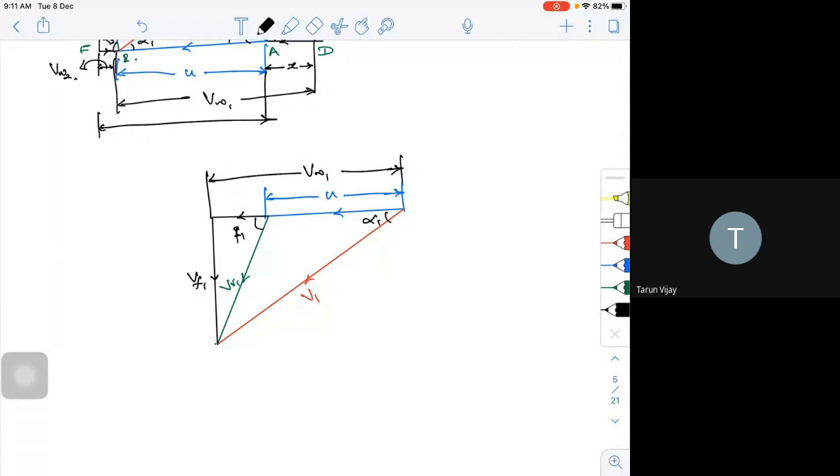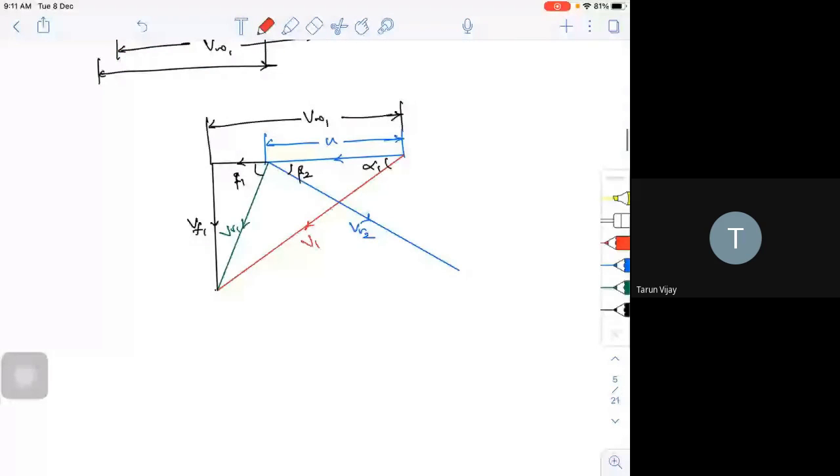Then I can go and write this VR2 like this. This will be my VR2, and beta 1 equal to beta 2 for this condition. Then V2, this will be like this. This will be my V2.